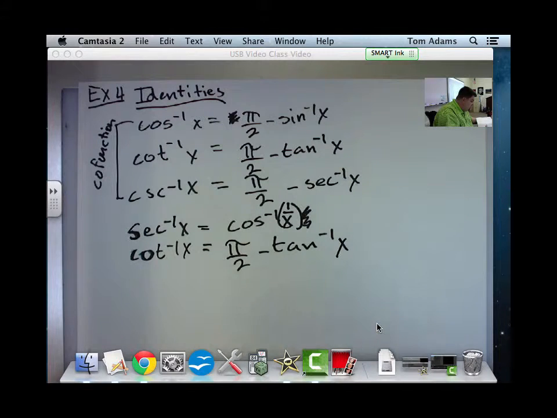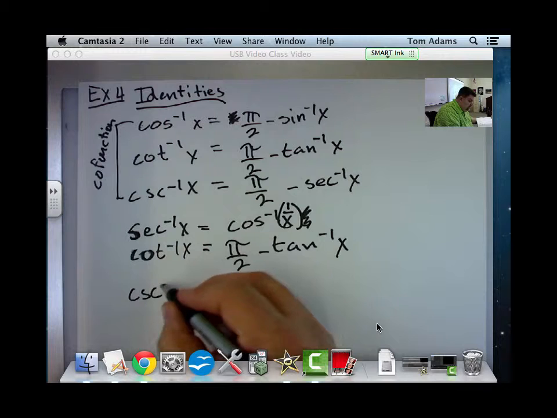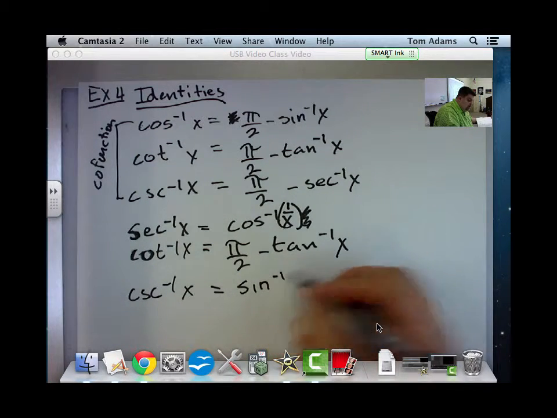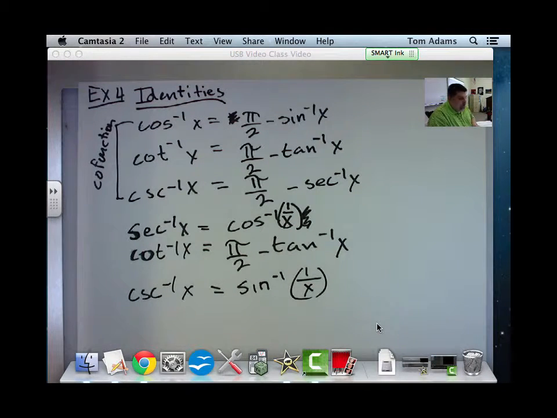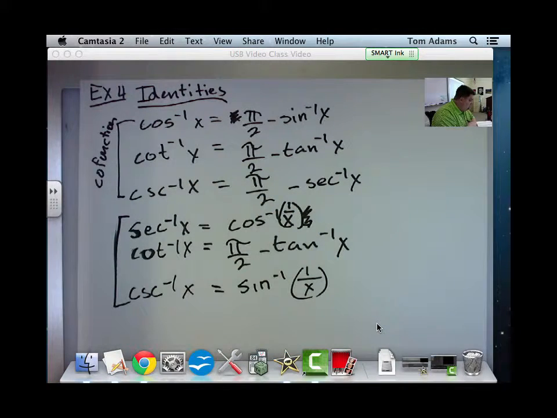So that actually is the same. And then cosecant inverse of x is equal to sine inverse of 1 over x. Okay? And these are just conversion identities. These are calculator based on the graphs and the domains and ranges and stuff.